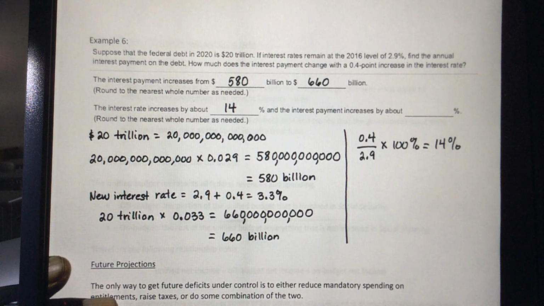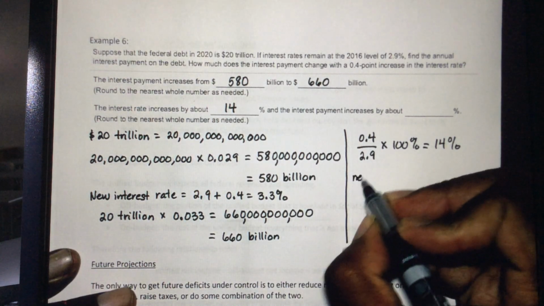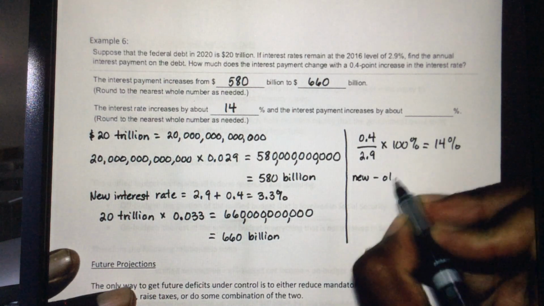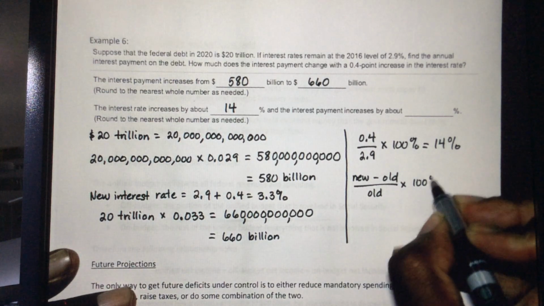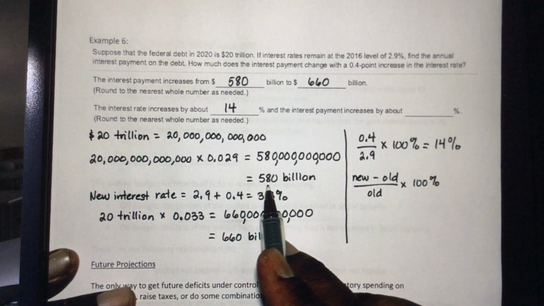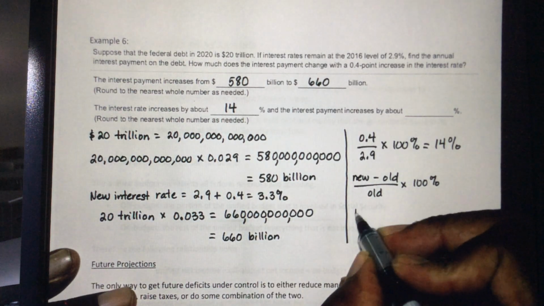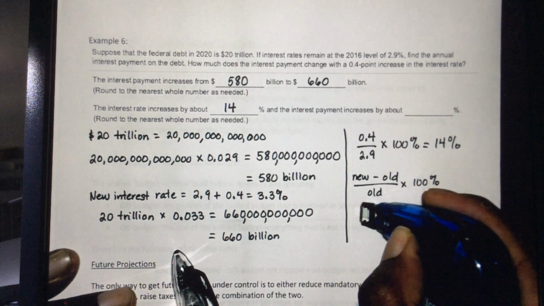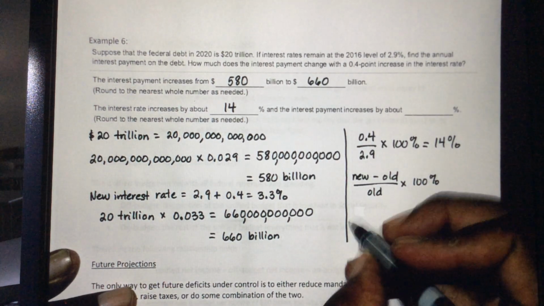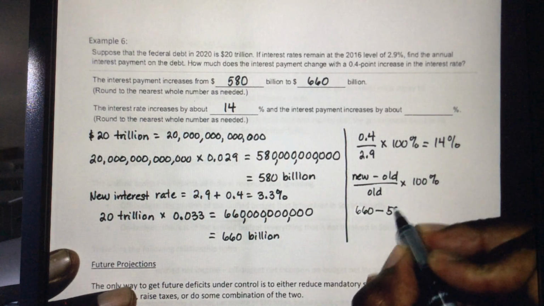The interest payment increased by what percent? Well, here we take the new minus the old divided by the old times 100%. The old amount says $580 billion, but I'm going to use just 580. I'm sorry, the new was 660 billion. Let's use the 660, minus the old, which was 580.